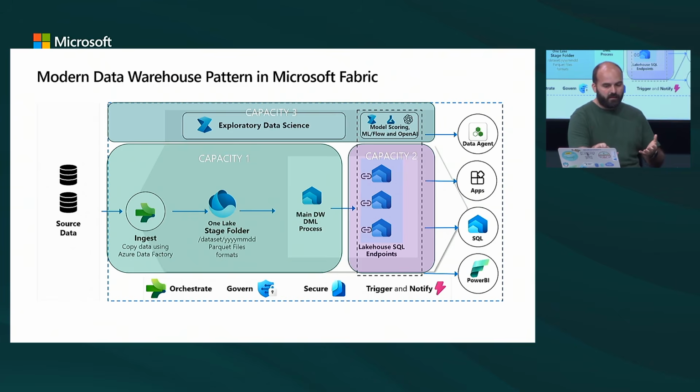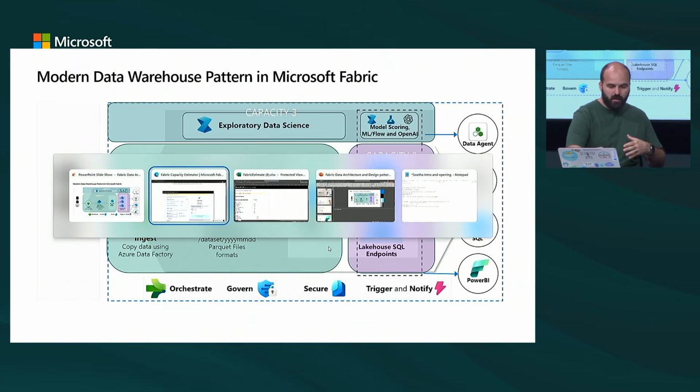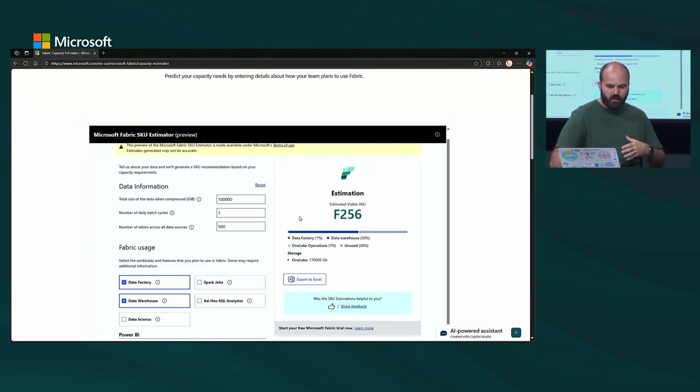Understood. And what the SKU estimator gives you in that case is F256 for the entire system. So you can go back to the percentages and say, okay, my data warehouse is this percent and my Data Factory is this percent, so maybe I can create two capacities with a total amount of 256.